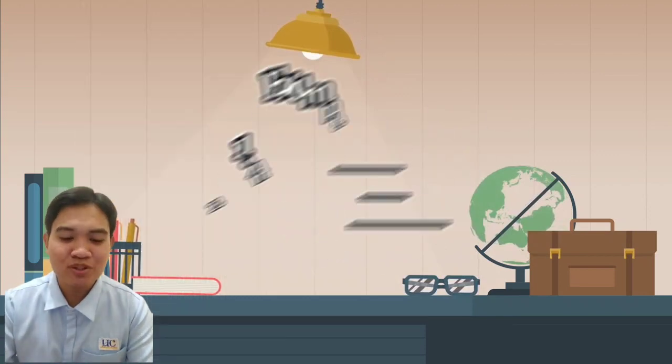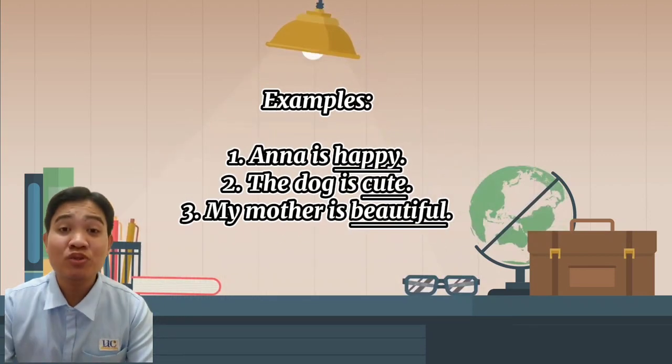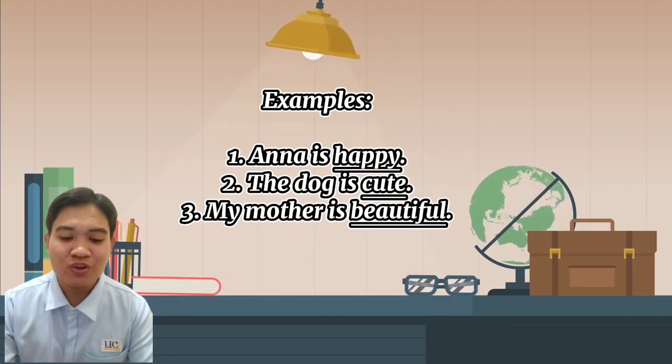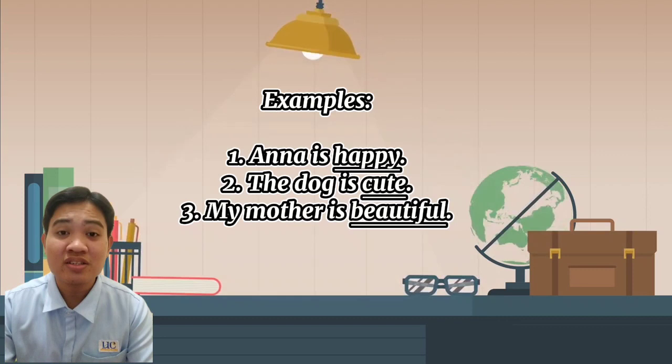So here are examples of the positive or absolute form of adjectives. First one: Anna is happy. The word happy here is our adjective, and it is only in its original form because there is only one subject in the sentence and no need to compare two nouns or two subjects.